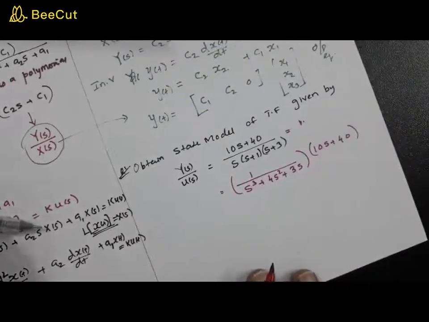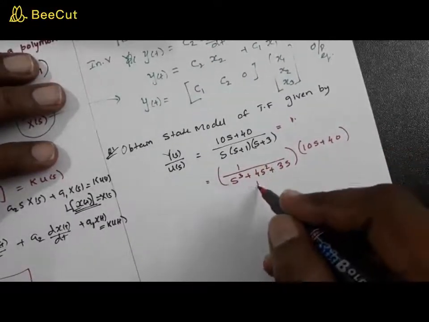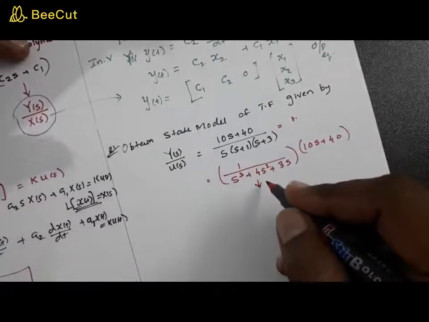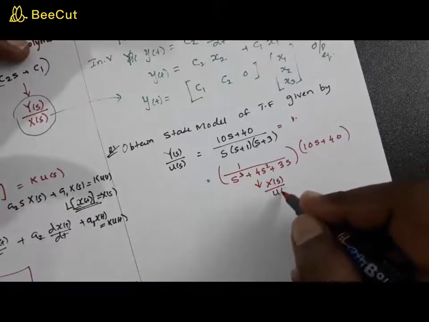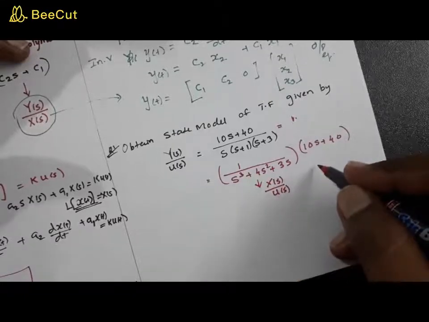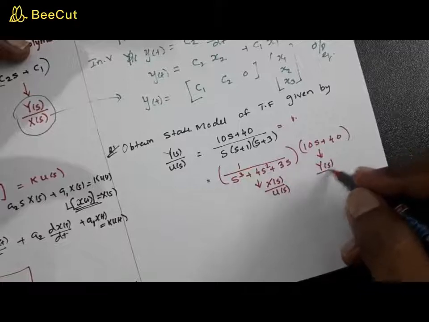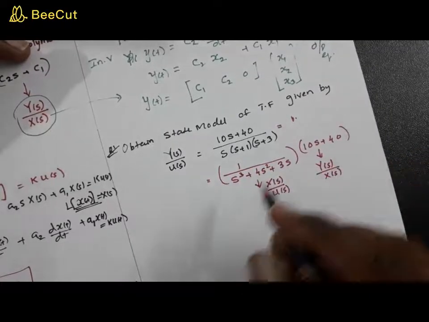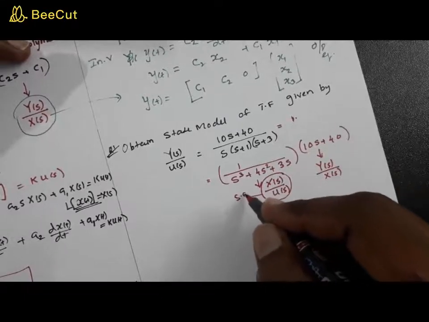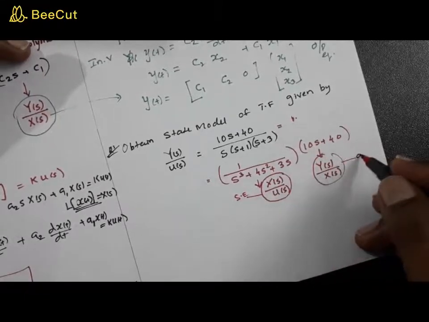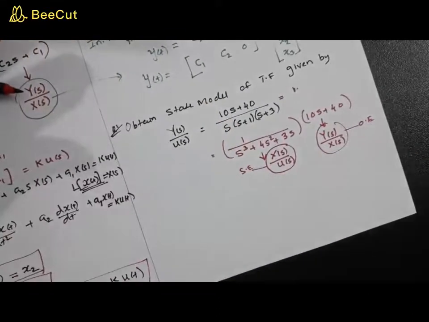Now you can consider this one as the X(s) to U(s) transfer function, while this can be considered as the Y(s) to X(s) transfer function. You need to consider this separately, this for the state equation and this for the output equation, and both together form the state model.